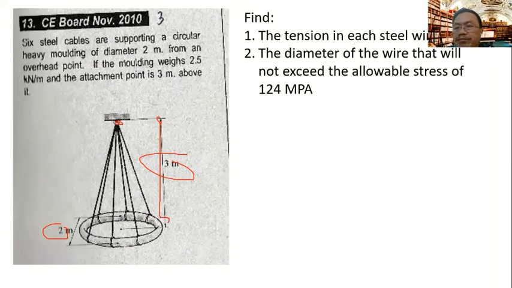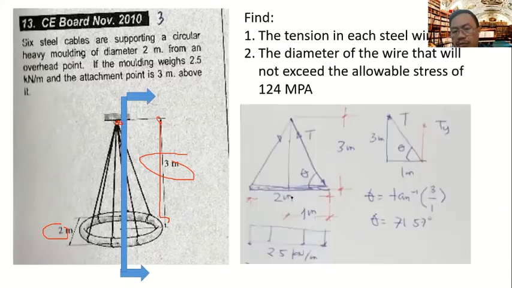steel wire? Okay. So what you're going to do, have a free body diagram. Let us cut this section and then consider one tension. As you can see, isang tension lang ang gagamitin natin, then we'll multiply it by 6. Then we can compute for the tension. The weight is 2.5 kilonewton per meter.